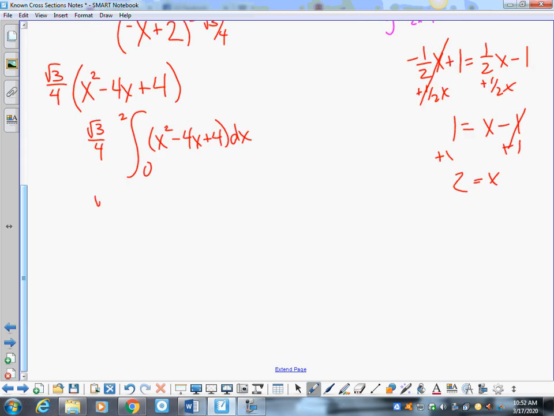All right, so I'm getting root 3 over 4. Do not just write down what you're seeing. Do it yourself. This is just practice for integration, so let your brain practice that.